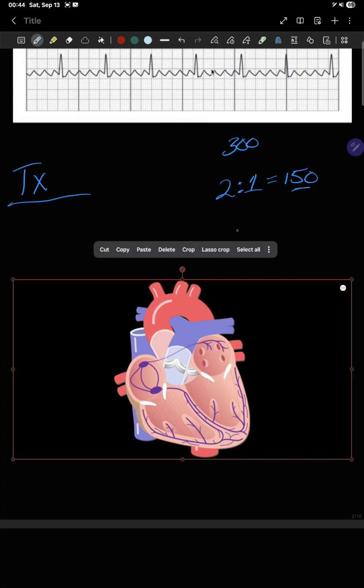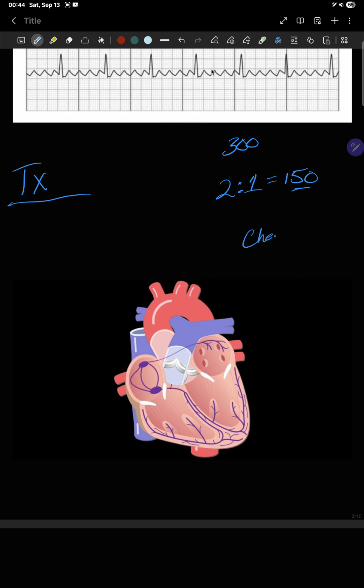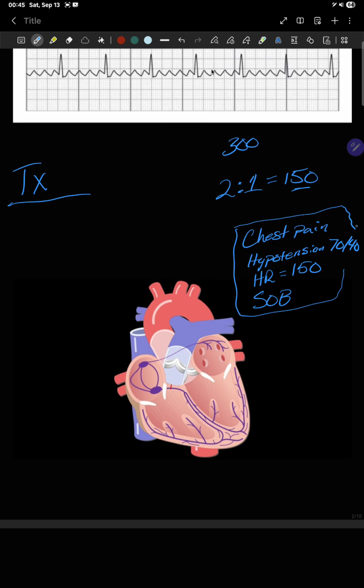He has chest pain, hypotension, and we'll say that's like 70/40. We know the heart rate is 150, and he's got shortness of breath. This is a pretty unstable patient, right? Well, per ACLS, a patient who is unstable needs to be cardioverted with electricity.